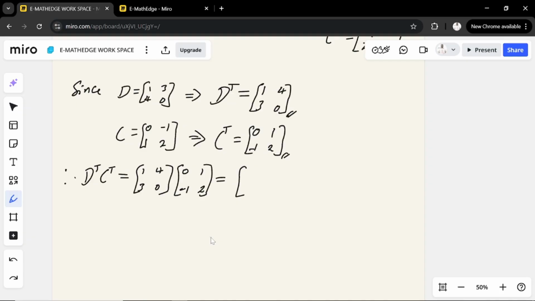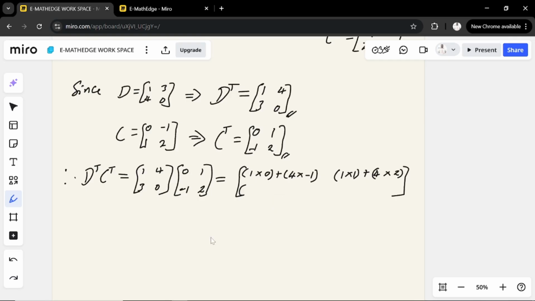So it's going to give us 1 multiplying 0 plus 4 multiplying -1 for the first row first column, and for the other one we are going to have first row by second column. So it's going to be 1 multiplying 1 plus 4 multiplying 2.